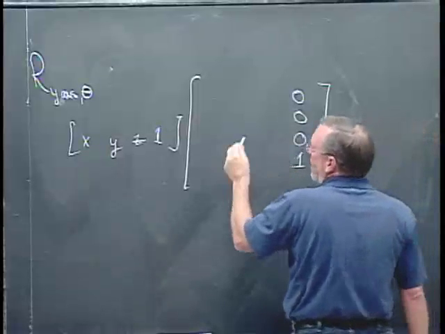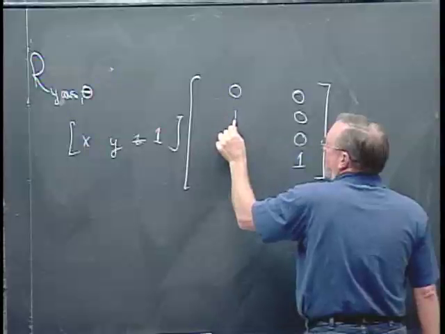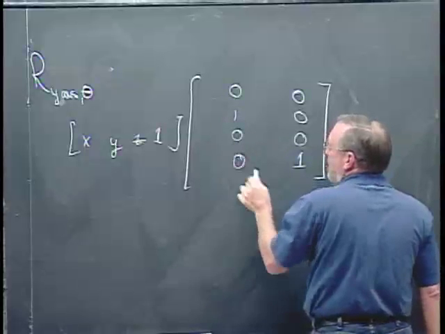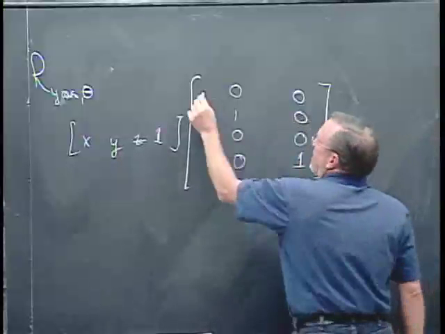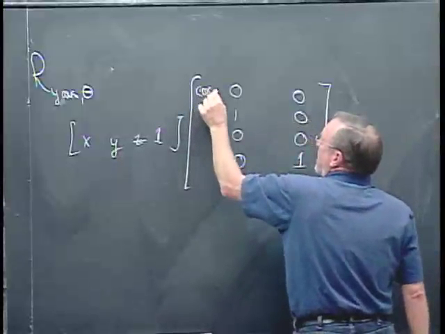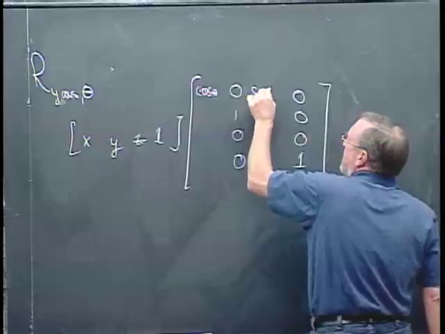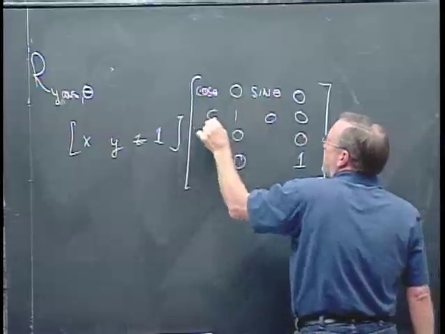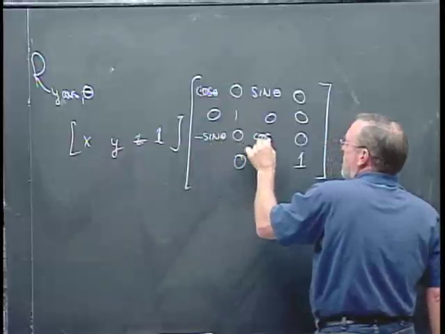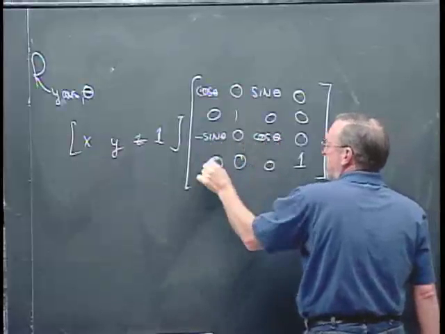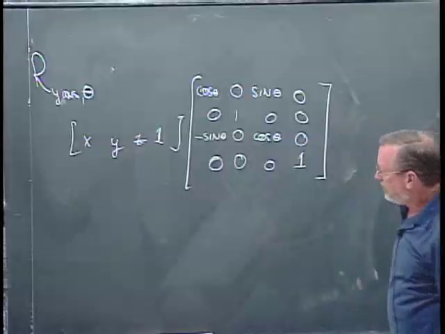The second column has to be preserved, 0, 1, 0, 0. And now I do my cosine and sine thing with x and z. So I get cosine theta, sine theta, 0, 0, minus sine theta, cosine theta, 0, 0, like that.